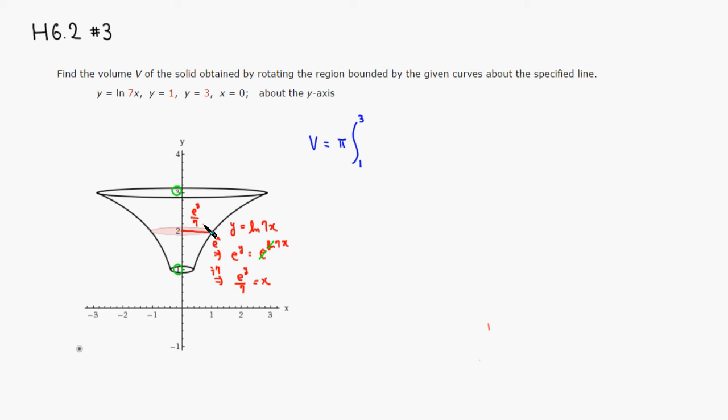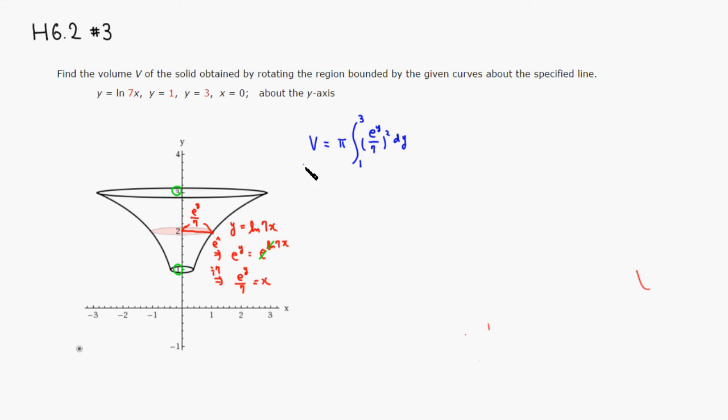Then we just use pi r squared, so e to the y over 7, squared, with respect to y.